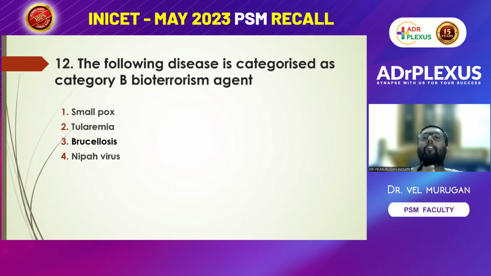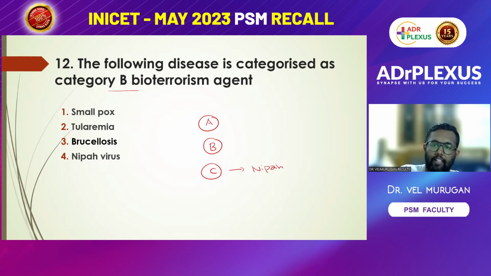Next question. Which of the following diseases is categorized as a category B bioterrorism agent? Bioterrorism agents are generally categorized as A, B, and C. C stands for new emerging infections such as Nipah virus and hantavirus.